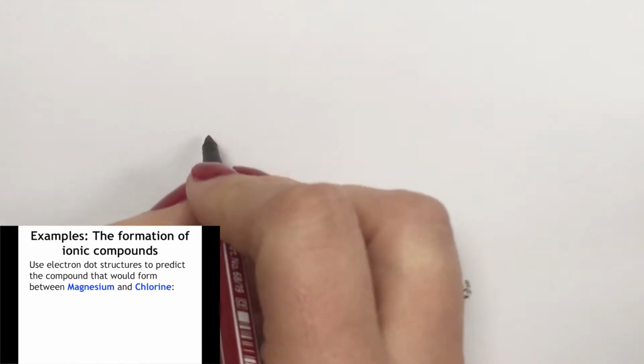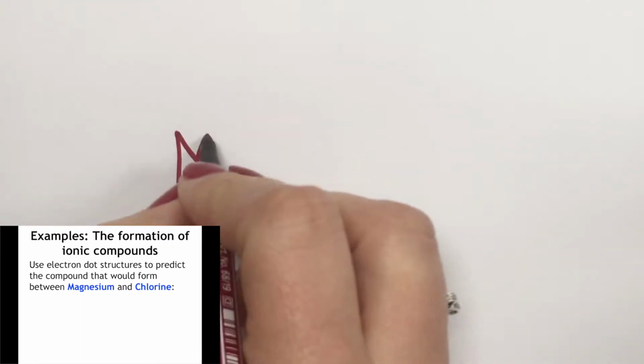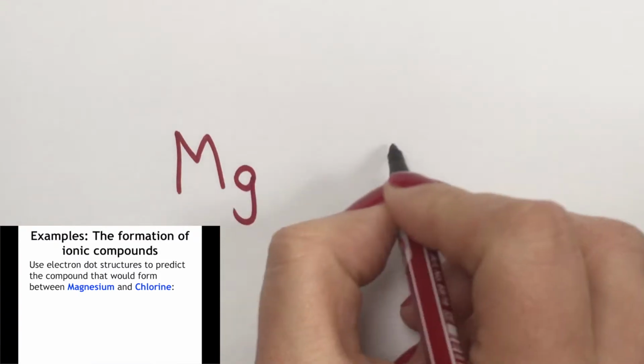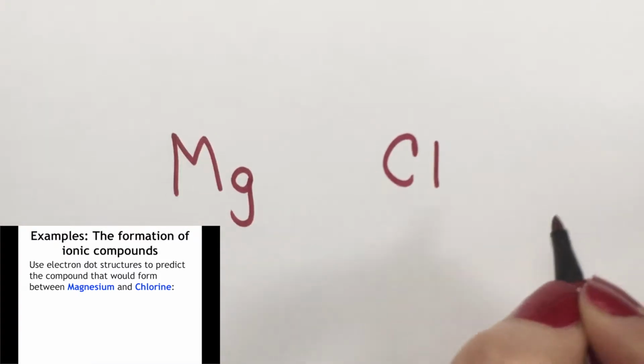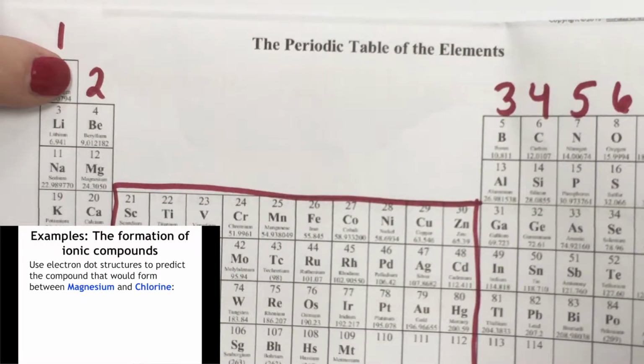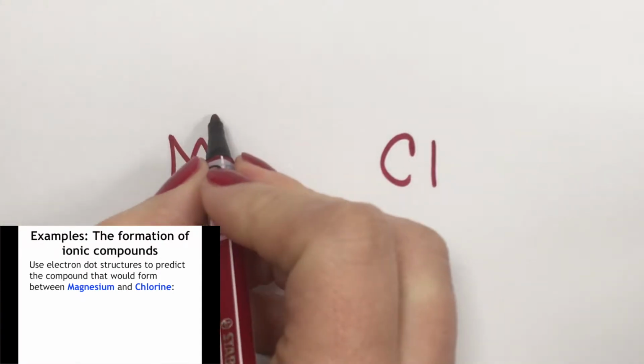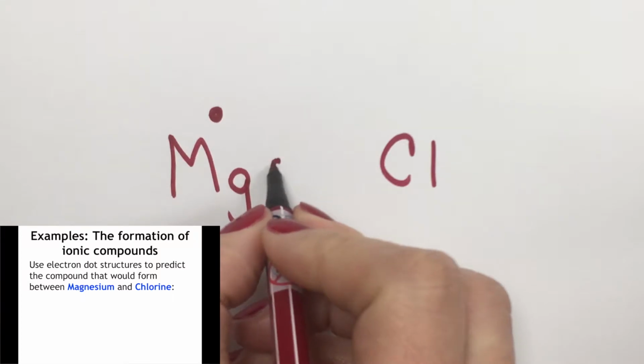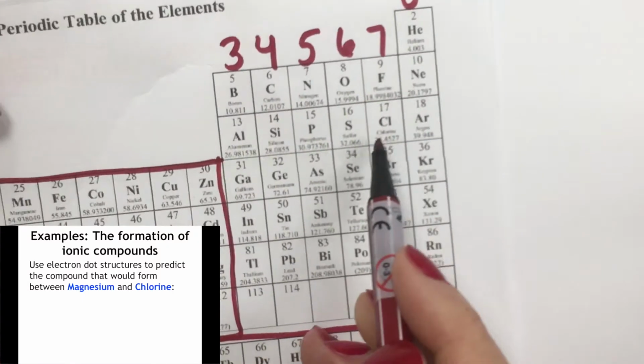Moving on, we're going to do magnesium and chlorine. If we look at the periodic table, magnesium has 2 valence electrons. So 1, 2. And chlorine has 7 valence electrons.